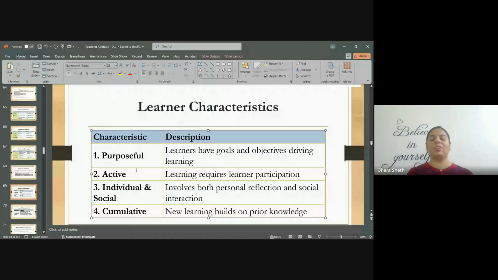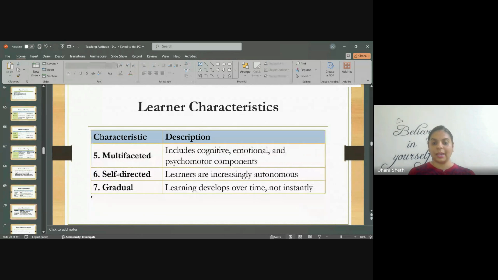I've lost count of how many times the concept of new learning building on prior knowledge has been discussed. That makes you realize it's a very important concept. Multifaceted, includes cognitive, brain, emotional, and psychomotor, your hands, legs, body movement components.